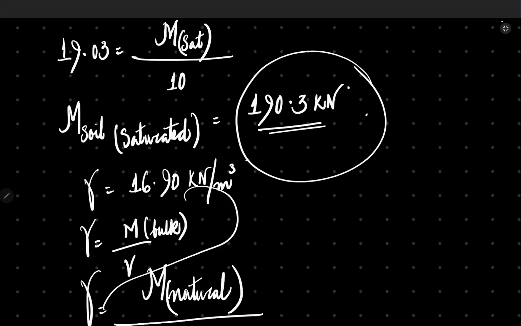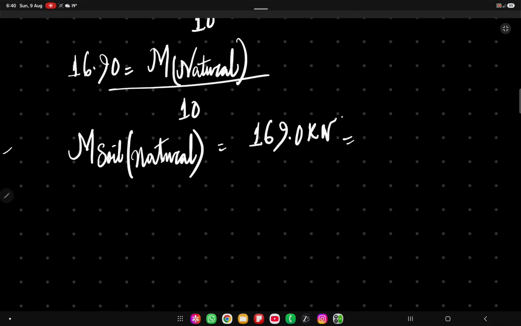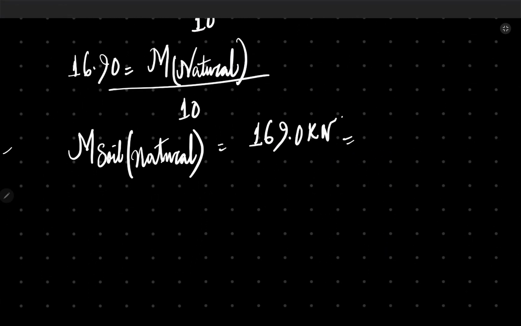All right, mass of the soil in saturated state is 190.3 kilonewton. Mass of the same soil in natural state is 169.0 kilonewton.